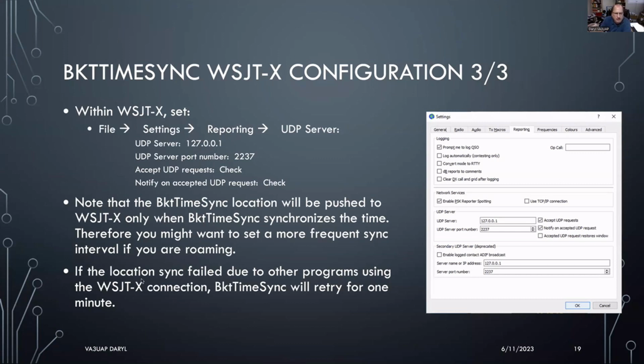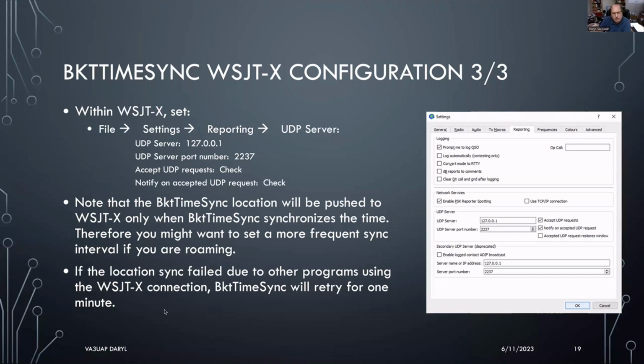If location sync failed due to other programs using the WSJT-X connection, BKT time sync will retry every minute until it succeeds. It'll keep retrying within the minute until a minute passes, and then it'll wait for the next time sync.